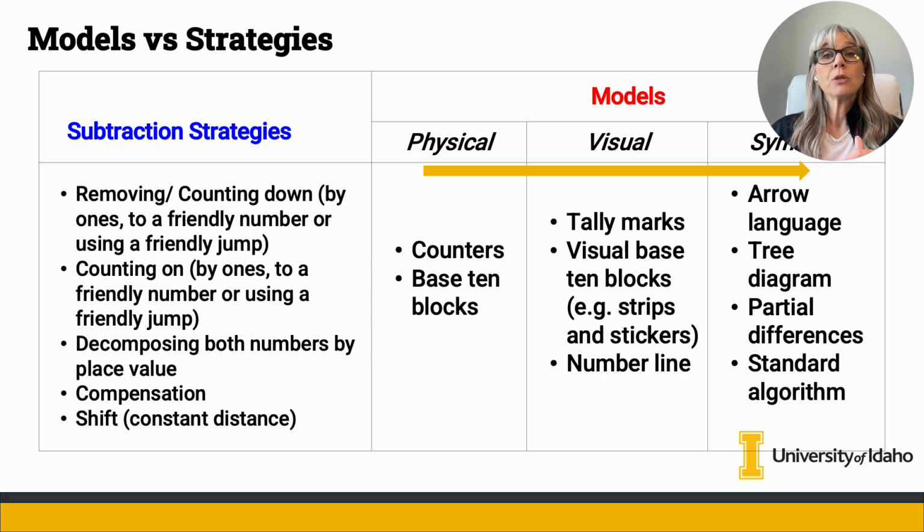The models used progress from physical to visual to symbolic. It's interesting to note that students might use the same model yet use different strategies, or they might use the same strategies and yet different models. When students discuss the similarities and differences in the use of strategies and models, they make rich connections and their conceptual understanding of the topic deepens.